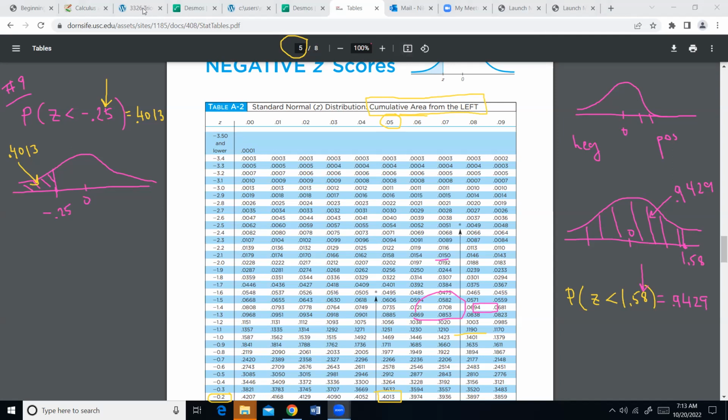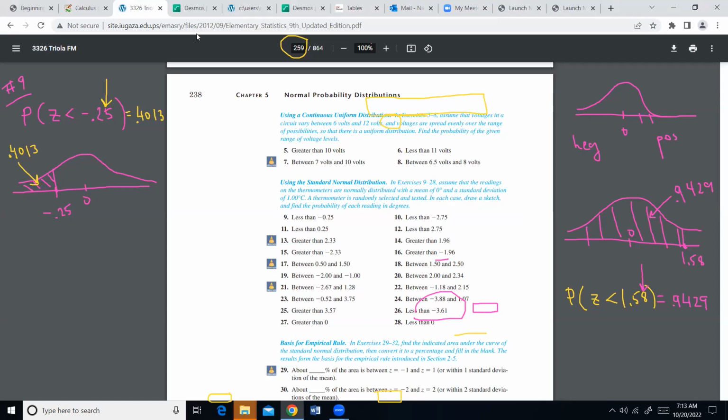And if someone wonders, what about area on the other side, on the right side? Well, we can look at an exercise like number 13, for example, that says, what about greater than 2.33? So if I want to write this down first, we need to find the probability that z is now greater than 2.33. And again, produce a picture of that bell-shaped curve, standard normal distribution, 0 someplace here.